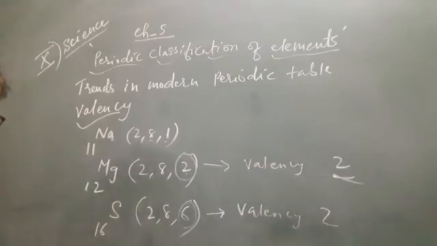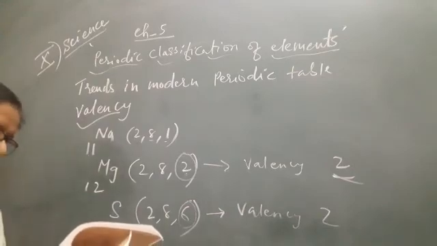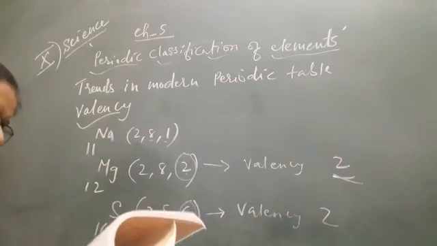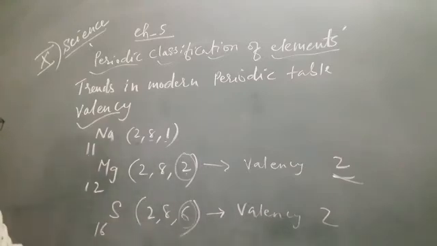Now see the modern periodic table on page number 96. So 1 to 20 means up to calcium. You will find the electronic configuration and their valencies. Okay. How does the valency vary in a period on going from left to right? Either it is increasing or decreasing, you find out.